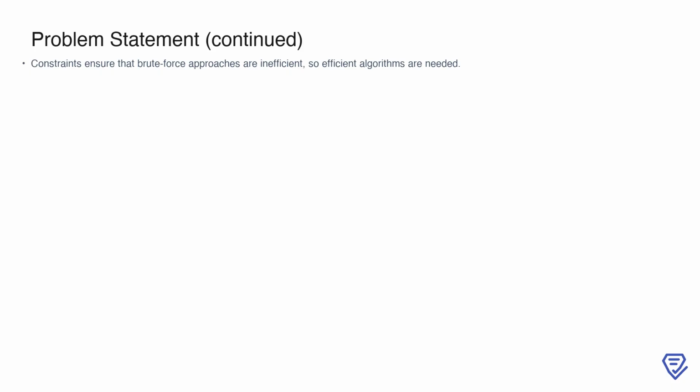Instead, efficient algorithms are required to determine the minimum number of swaps or to decide if a transformation is impossible. Key points to remember include the alternating pattern requirement for valid chessboards, the prohibition on identical or inverse rows and columns, and the need to calculate swaps efficiently. Together, these insights will guide us in solving the problem effectively.